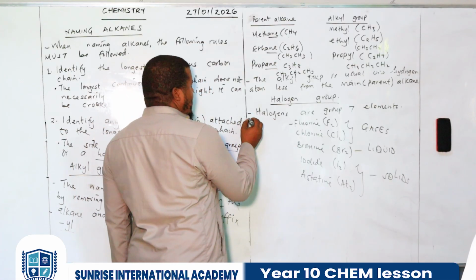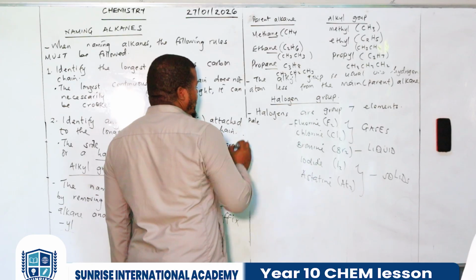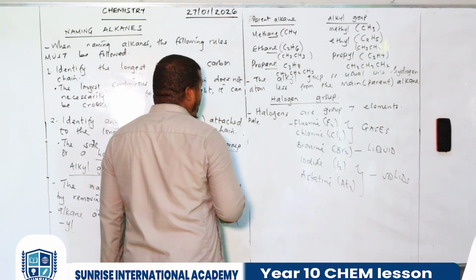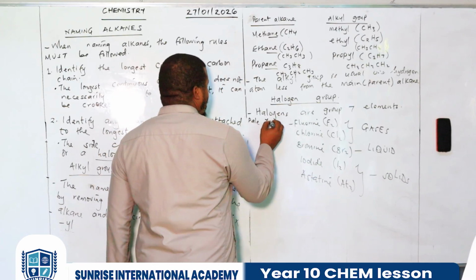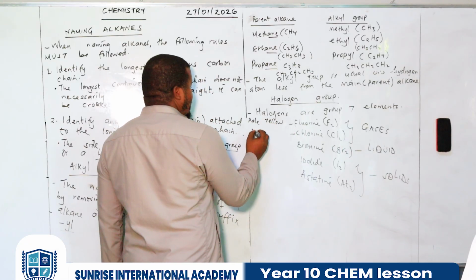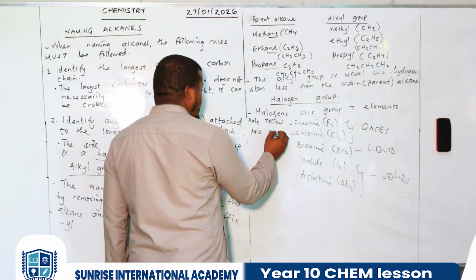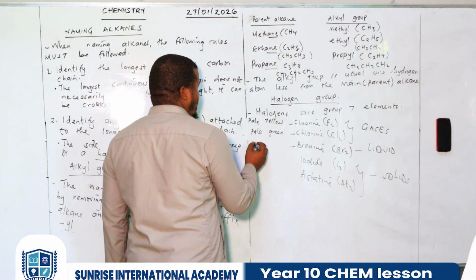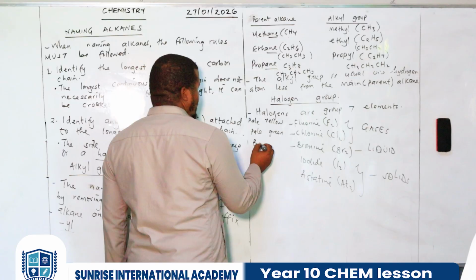Just so that we can do a recap on that, fluorine is pale yellow. Chlorine, pale green. Bromine, brown.